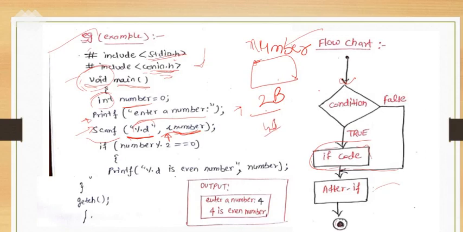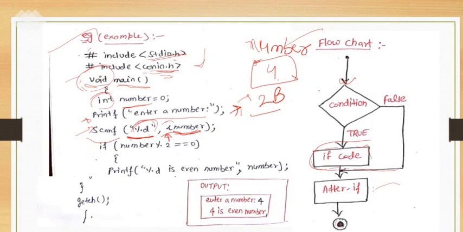Here we are considering a 32 bit system, so I'm taking 2 bytes. Percentage d indicates an integer value, num is the name of the location, and ampersand indicates the address at which the input is stored. Here I provide the input as 4.